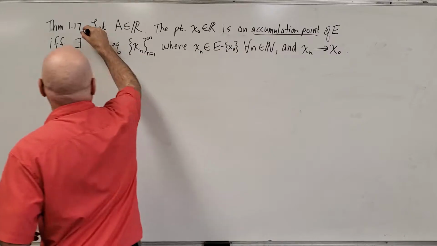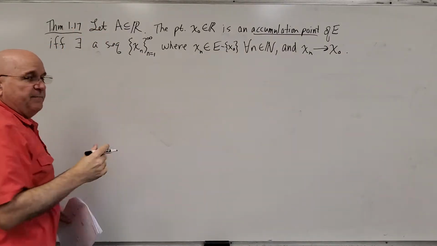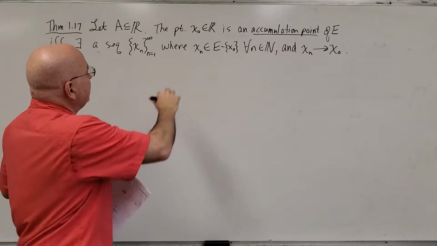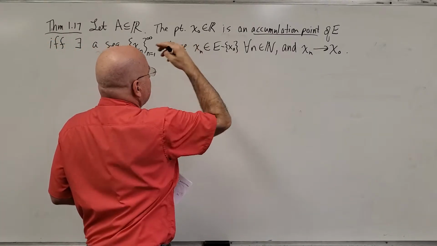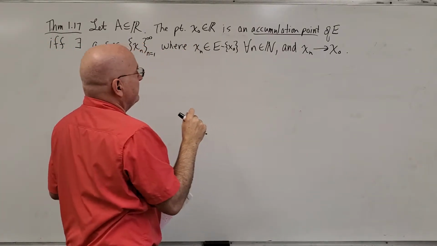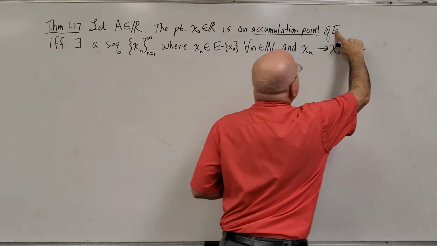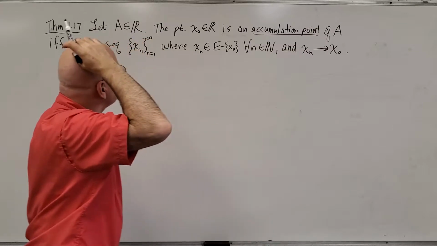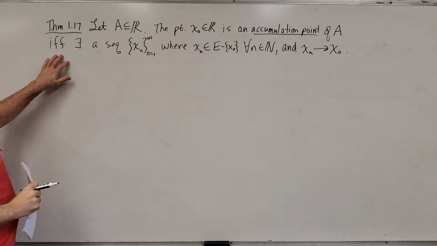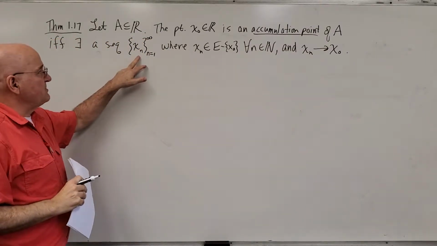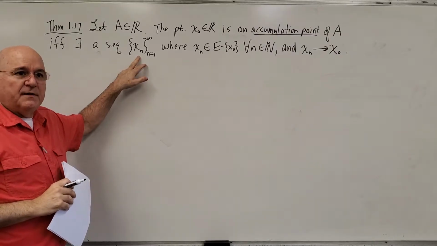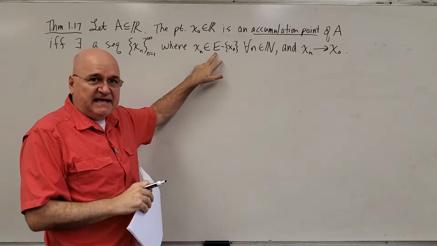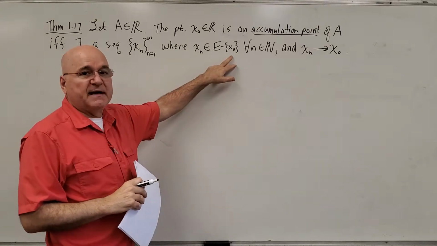So here's the theorem. Let A be any subset of the real numbers. The point x0 is an accumulation point of that set A if and only if there is a sequence of numbers where all of the numbers of the sequence are chosen to be in A, but different from x0.